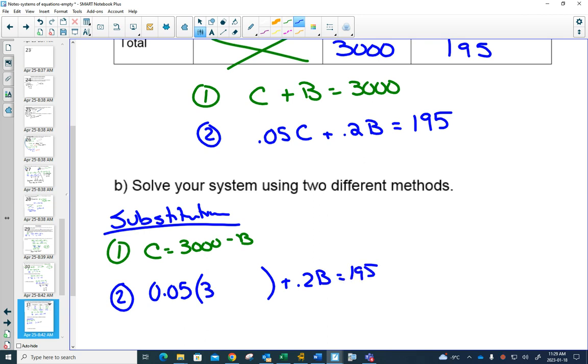And where the C is, you could substitute in 3,000 minus B. We're dealing with decimals.